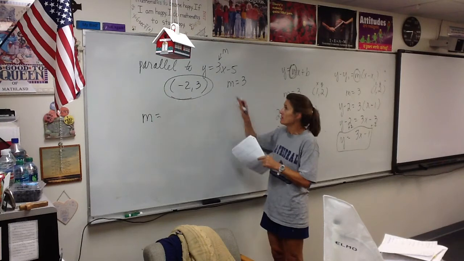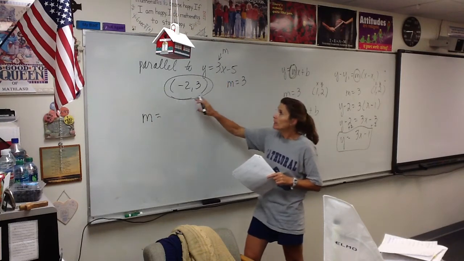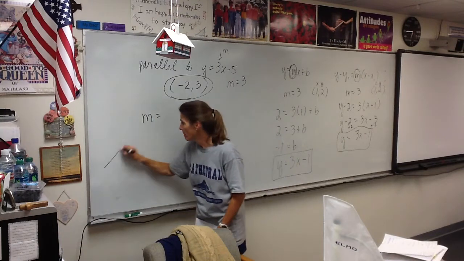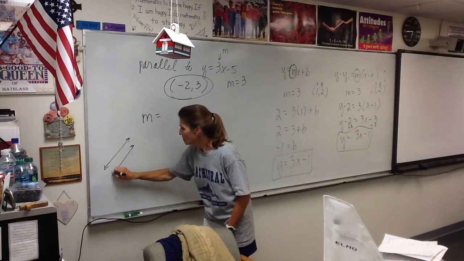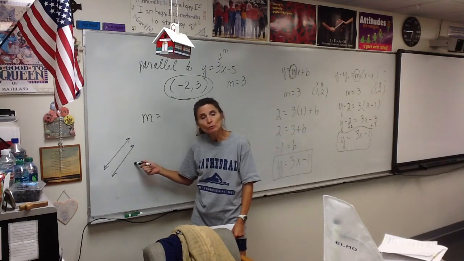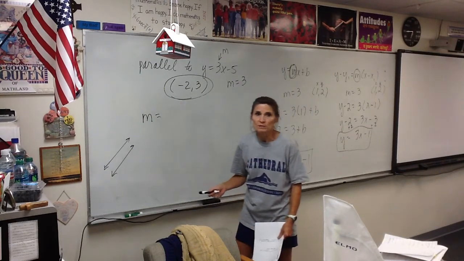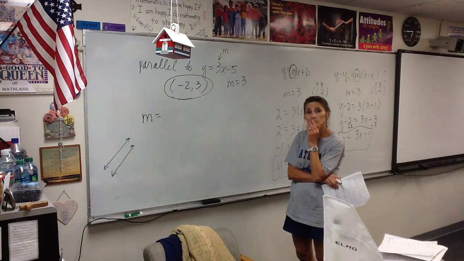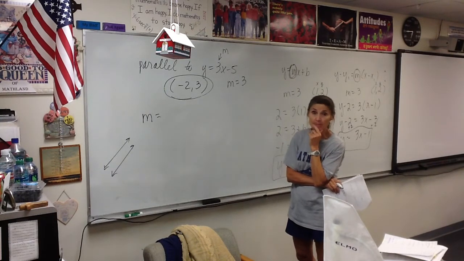But I don't want that line. I already have that line. I want a line parallel to this one. Now you remember from geometry what parallel means. That would be a picture of parallel lines. What do you think is true of the slopes of parallel lines? You're right if you said they're the same.